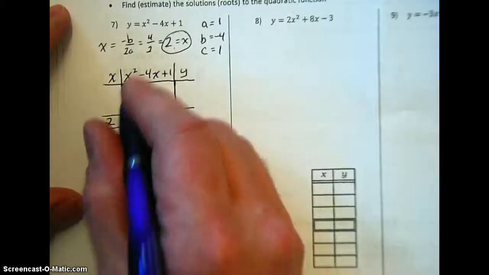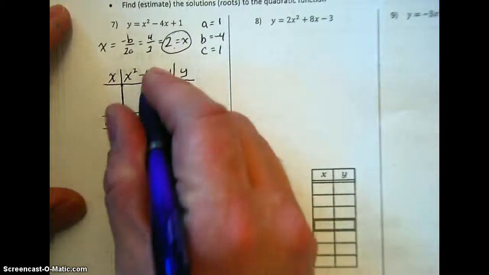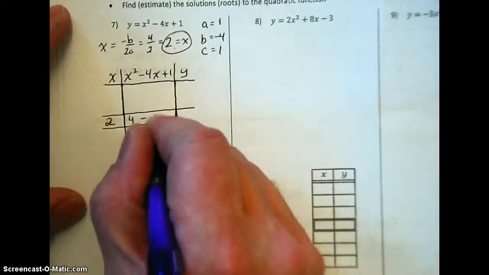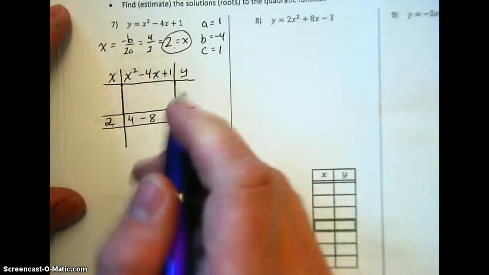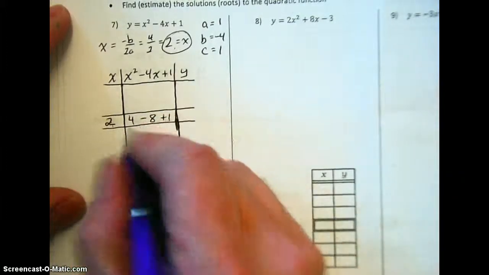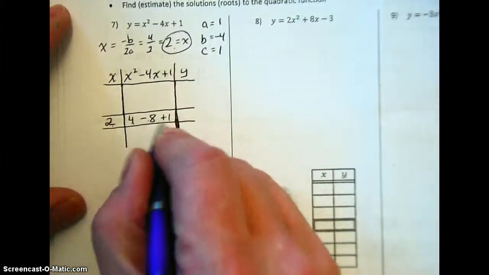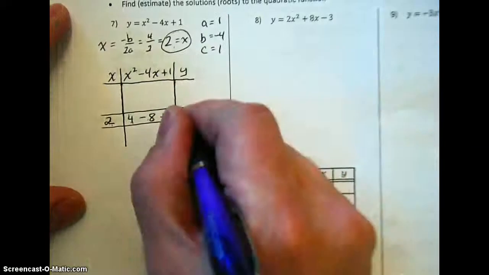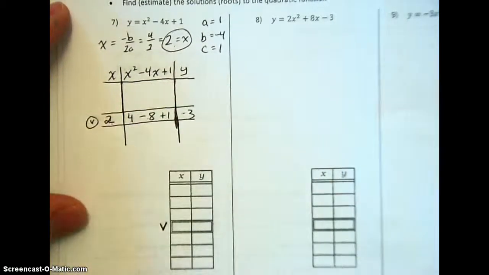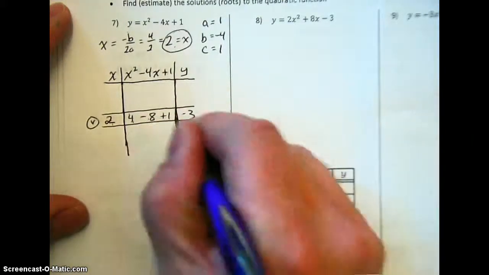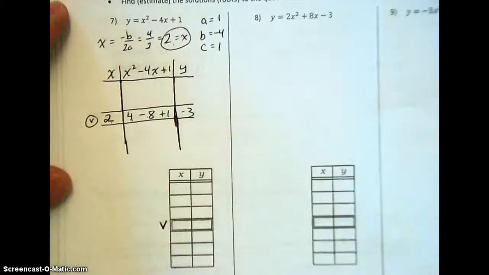So that gives us 2 squared is 4. 2 times -4 is -8, and we don't have to do anything with the 1, right? So that's just +1. So what's 4 minus 8 plus 1? -3. So our vertex is (2, -3). So if you want to create that other table, and they give you a table like this, it's okay to just show it this way. It's a nice way to stay organized.